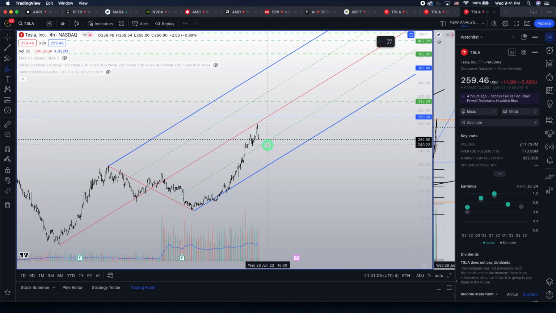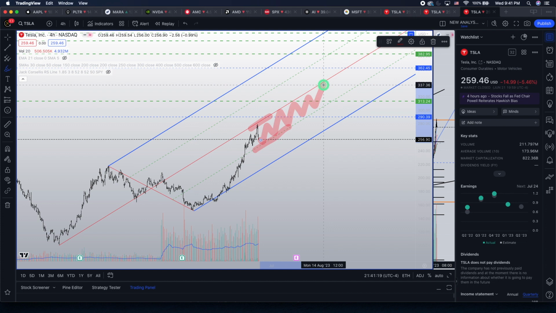I like to use it in a way where I'm looking at these 4 quadrants. Right now we're in this quadrant right here. As long as we bounce over here, I could still see us moving up and down in this channel, forming higher highs and higher lows. If we break down into this quadrant, then we're looking for this bottom line of the pitchfork to provide support on a rising channel.